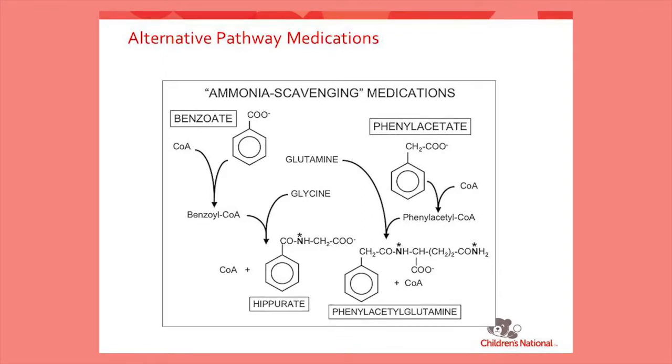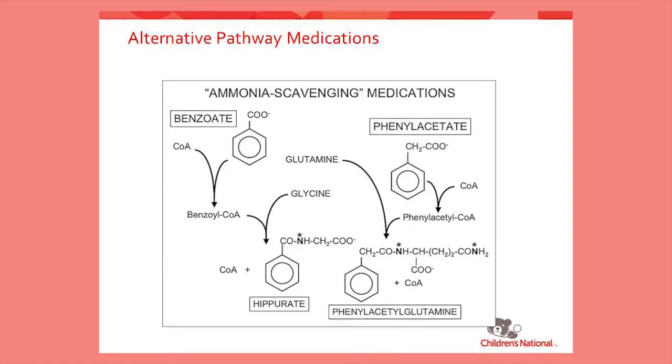In North America, we have a tendency to use phenylacetate. Not necessarily because it is more effective, but the impression I get is it probably is slightly more effective. Here you're combining glutamine to phenylacetyl-CoA, forming phenylacetylglutamine.